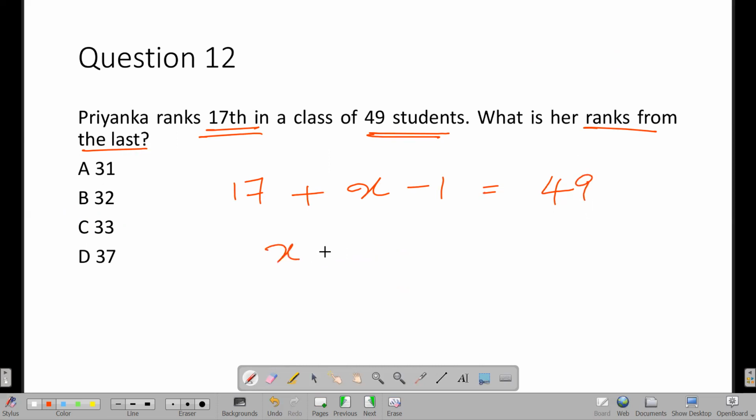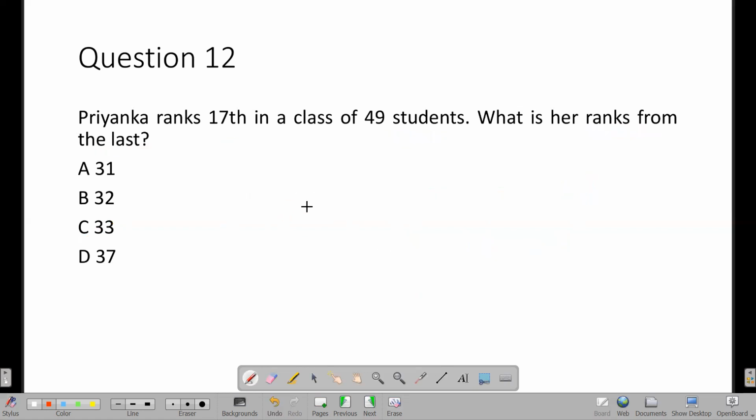So from this, I can say that x is equal to 49 minus 17 plus 1. And you can see that here, this comes to 33. So I can consider that her rank is 33rd from the last, correct? 50 minus 17, that is equal to 33. So 33 is the final answer here. Without drawing anything, just by using equation, you can answer the question.